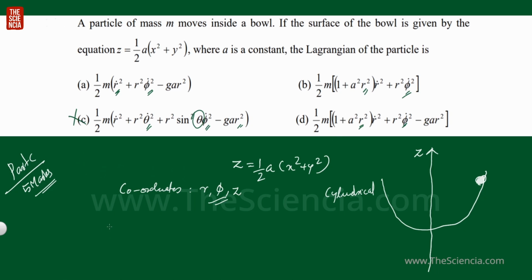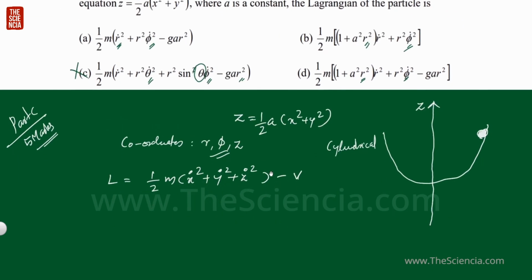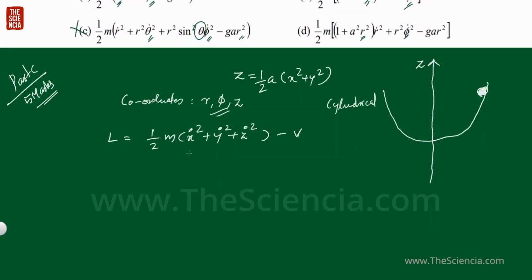Okay, so what is the first step? We have to use the general equation, that is L is equal to half m (x dot square plus y dot square plus z dot square) minus V. So we have to find out this x value, y value and z value.